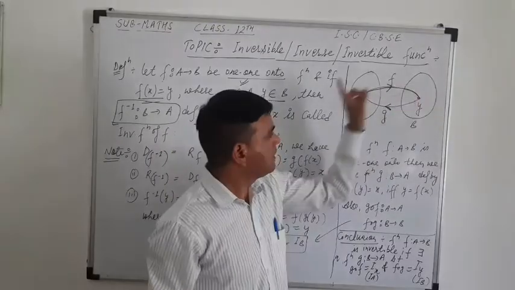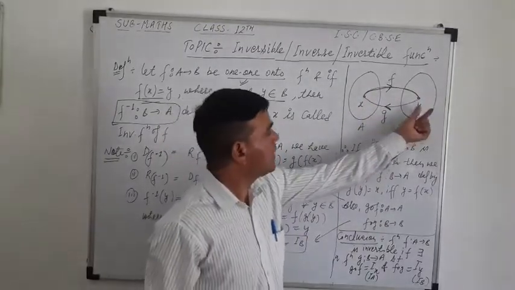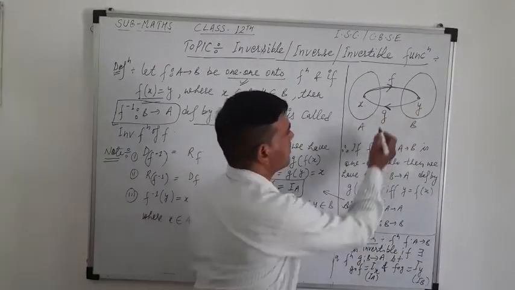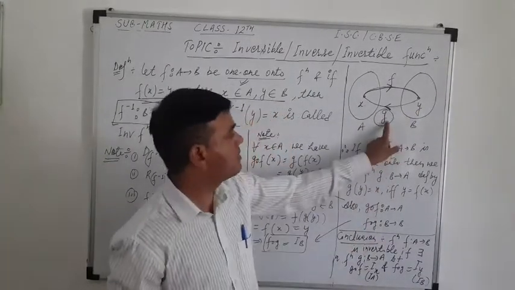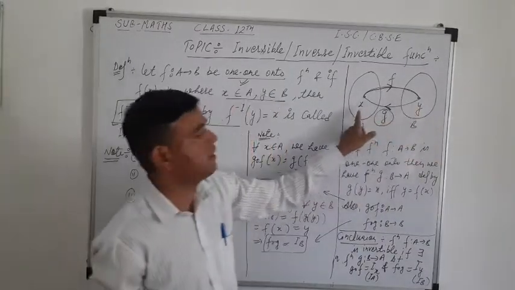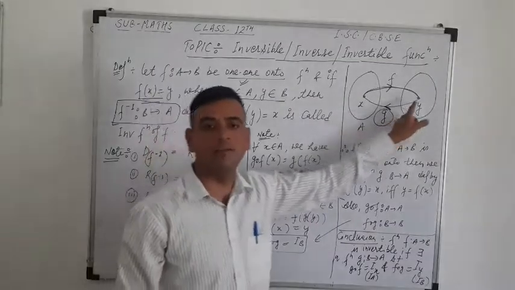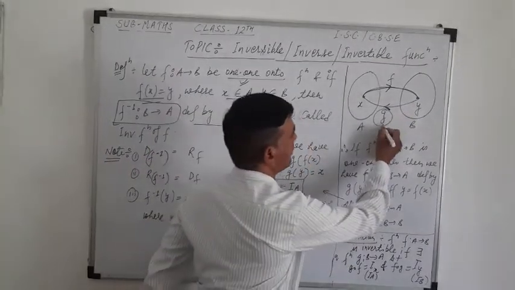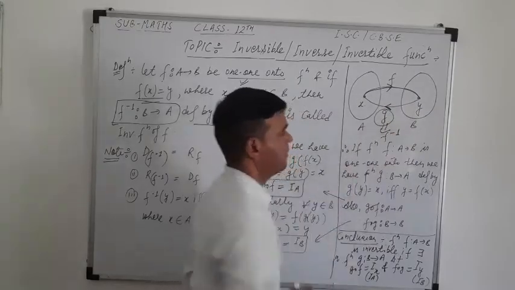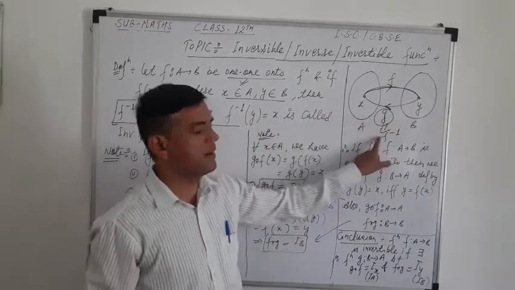In a similar way, if we reverse this process, we get another function g connecting the elements of set B with the elements of set A in the reverse direction. So this g is nothing but the inverse of f. It means g can be written as f inverse.